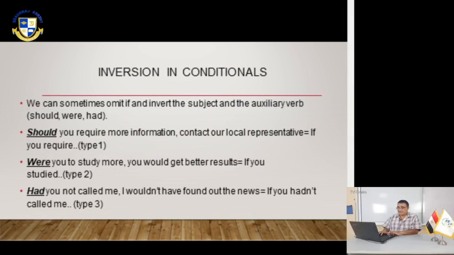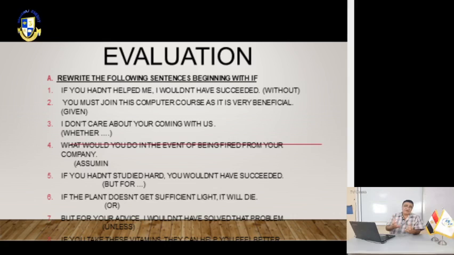So in brief, what we cover today is the alternatives to if. Alternatives, replacements. We can use some conjunctions instead of if, like provided or provided that, providing that, suppose, supposing, imagine, what if, otherwise, and so on.